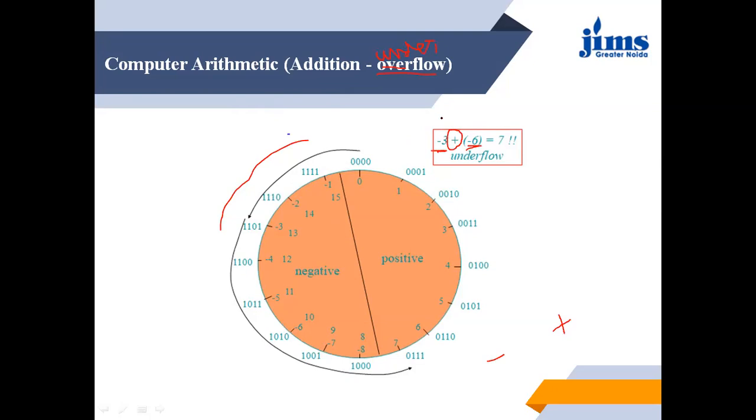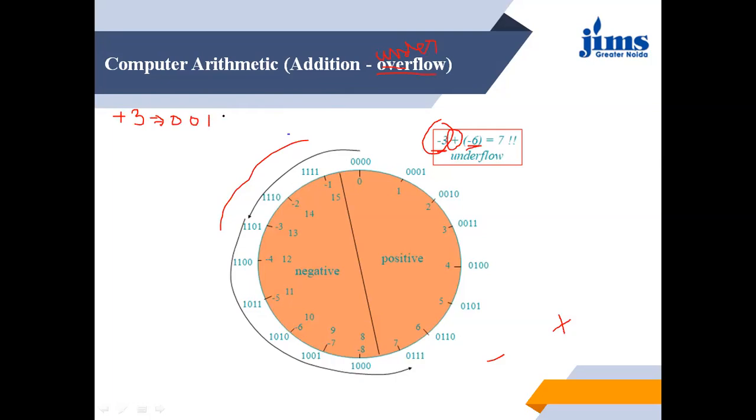To write the equivalent of -3, as I told you, first we will write the equivalent of +3, and +3 is equal to 0, 0, and 1 and 1.